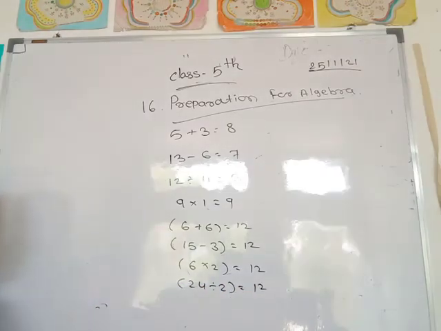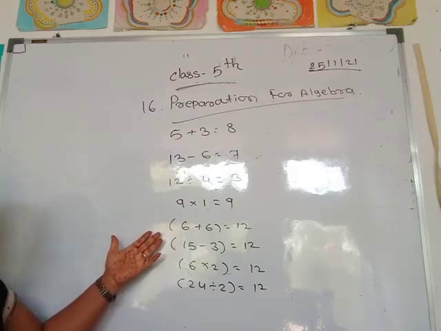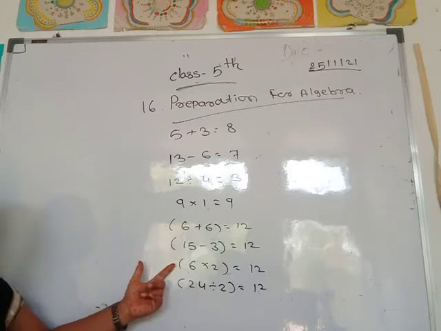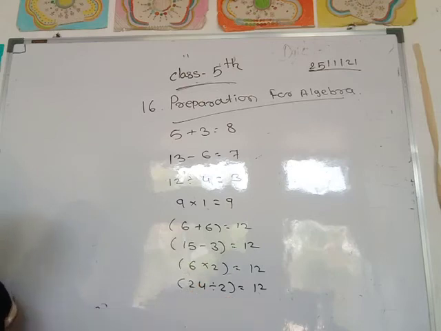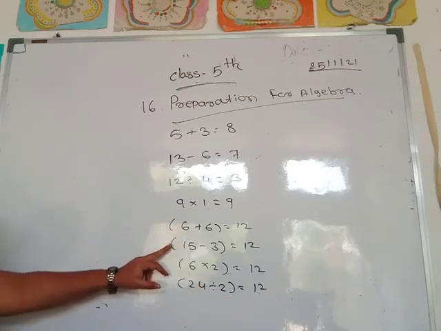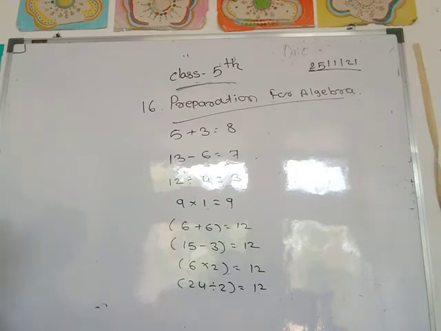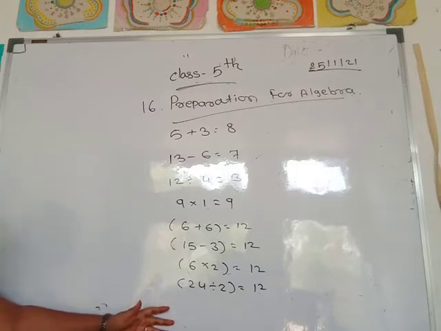This answer is also 12. You see operations of addition, subtraction, multiplication and division, but the answer is the same. These arrangements like 6 plus 6, 15 minus 3, 6 into 2, 24 divided by 2 are called expressions.